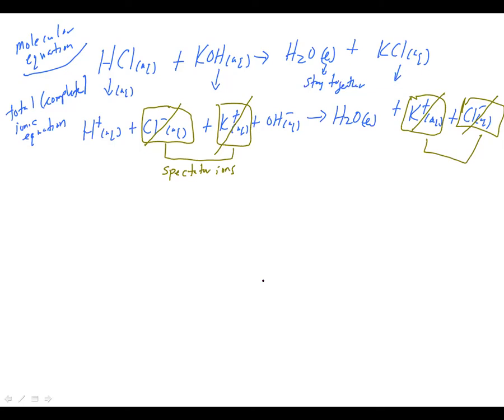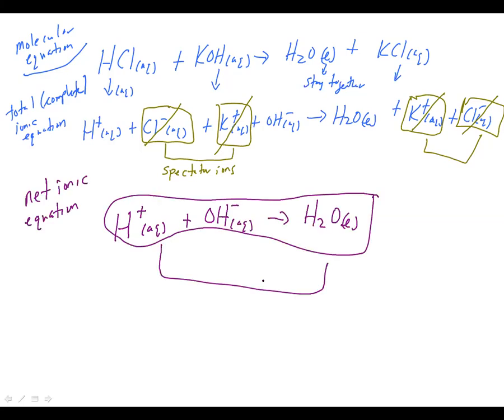This reaction here is what is known as the net ionic equation. It tells you that although we mix HCl and potassium hydroxide together, what is truly happening, the main purpose of this reaction, is the H plus from the acid coming together with the OH minus from the base to make water, which again, the formation of water here is one of our driving forces for a chemical reaction to take place.